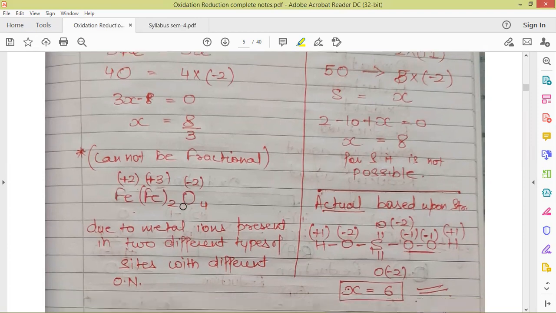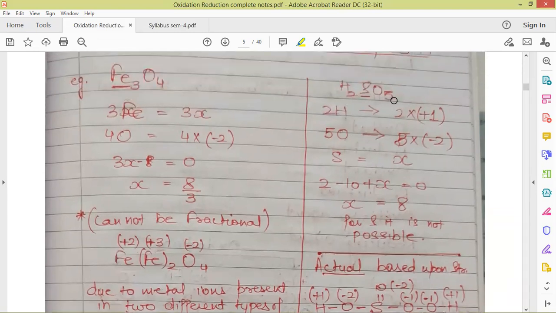So if we put the oxidation numbers of 2 irons as +3 and 1 iron as +2, then the formula becomes right. This problem occurs because the metals are having different oxidation states. In some cases, these metals can be different.